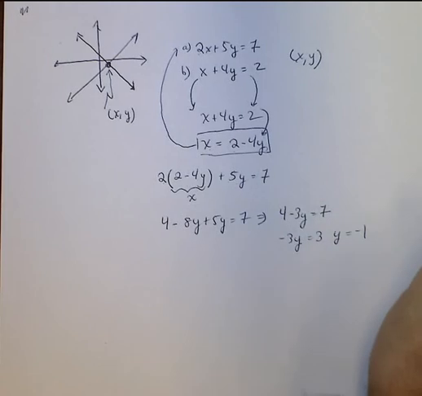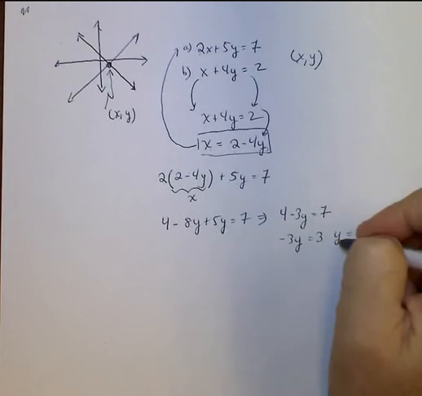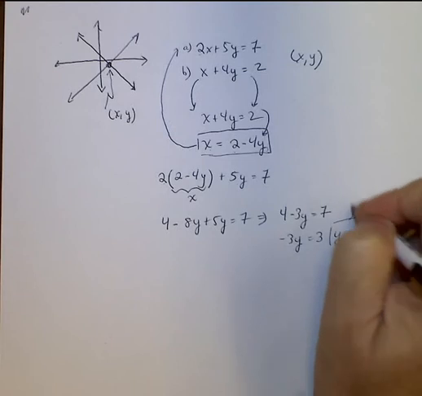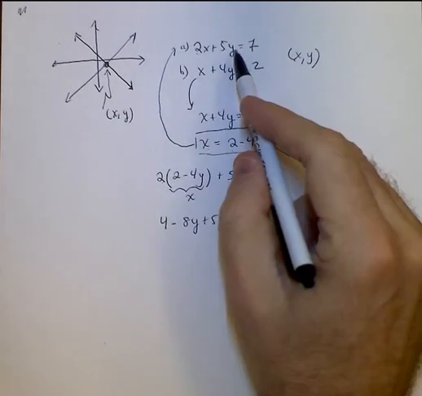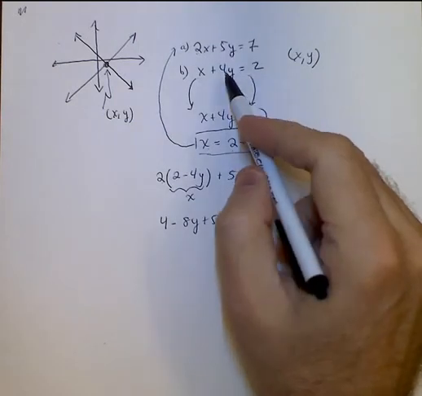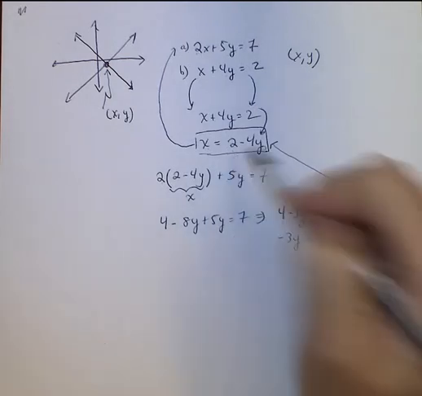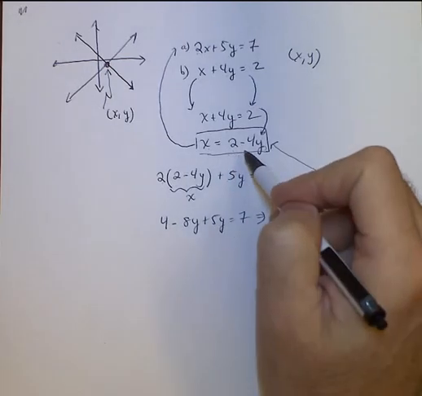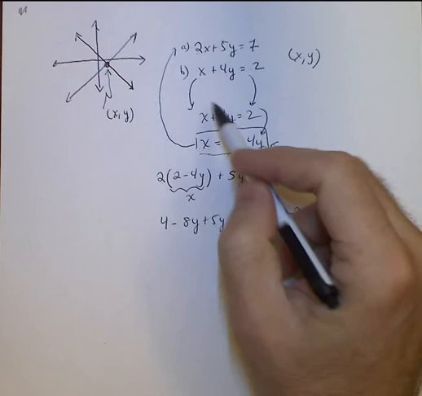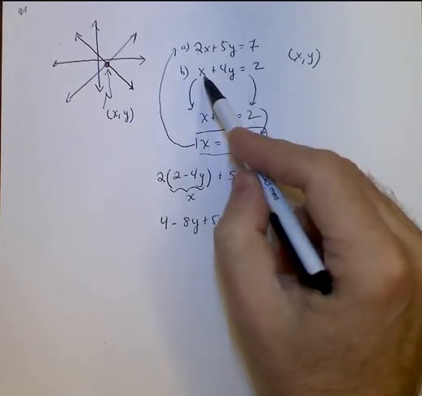Once we solve for one variable, in this case y, we plug that back into any of the original equations. We could pick this one, or this one, which is the B equation just rewritten. This is always the easiest one to go back to, because we described equation B as x equals 2 minus 4y.